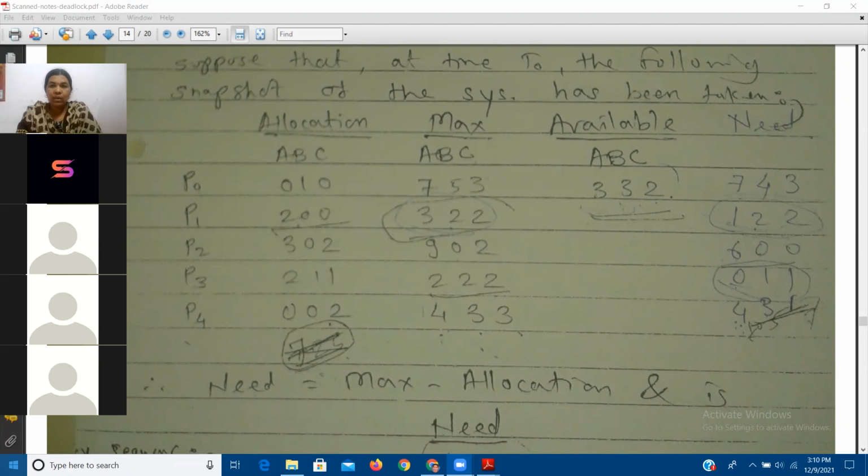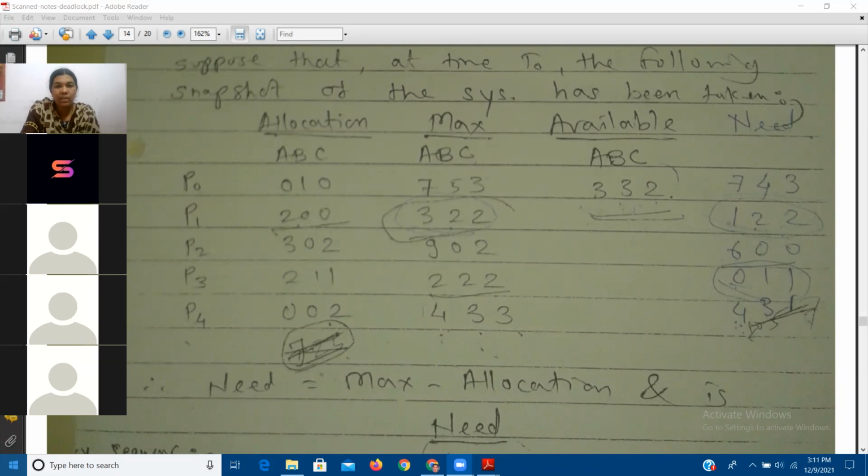So now only one process is remaining in the system after P4. The remaining will be 0, 0, 2, and after P0, P0 will release 7, 5, 3. So I will add this 7, 5, 3. So the available will be 7, 5, 5, and I will choose the last process.